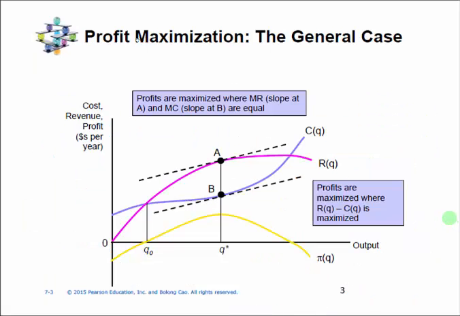So here is a very generic, very general picture for the profit maximization problem. What we have is a total revenue curve, and notice this revenue curve is also concave. What it says is basically that as you sell more and more, eventually that may drive down the price.